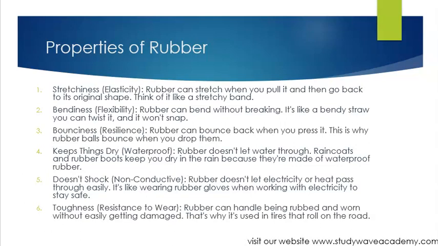Okay, so rubber is known for being bouncy and flexible. If you press it or stretch it, it will go back to its original shape. It's also good at resisting wear and tear, so it is used in making things like tires to help them last longer, right? Okay, so we are going to be looking at rubber recycling.